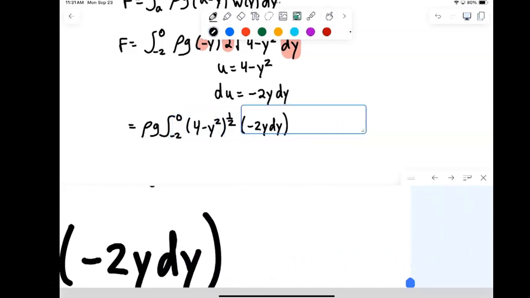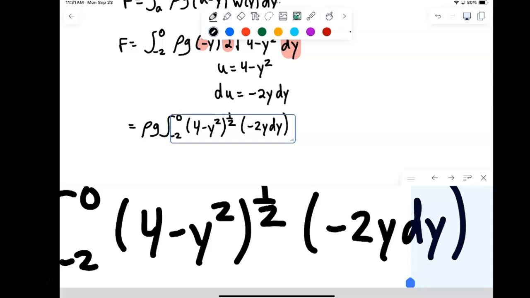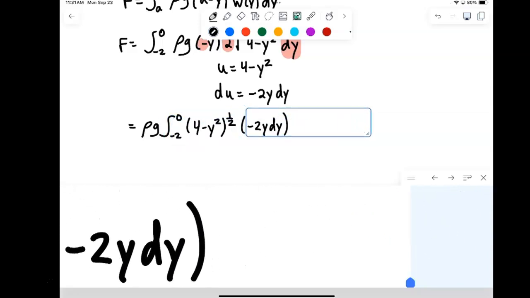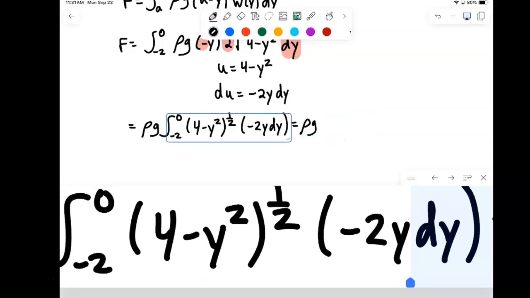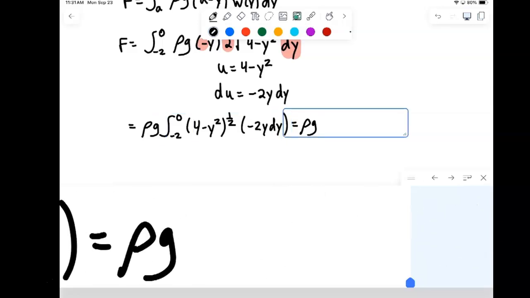So that means we're just integrating u to the 1/2. To integrate u to the 1/2, we would add 1 to the exponent and then divide by it. So I'm going to have rho g. For u to the 1/2, we'd add 1, which would make it 3/2, and then divide by it.